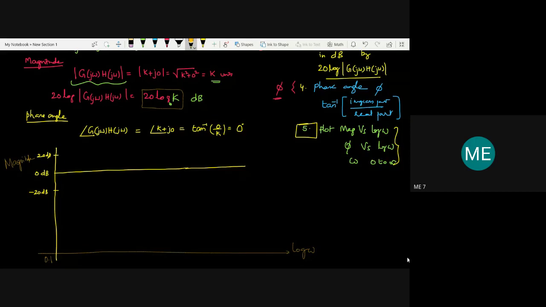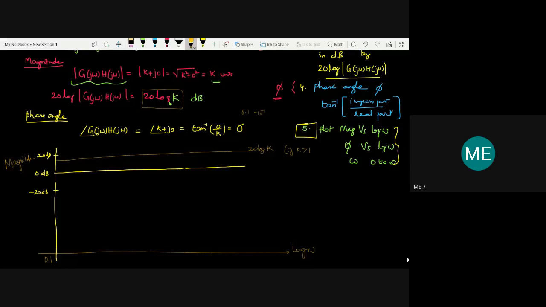If K is greater than 1, it is always positive and we get a value above the 0 dB line. Anywhere on this line, I can represent this as the 20 log K line. If K is less than 1, for example 0.1, it can be written as 10 to the power of minus 1, then it becomes negative, minus 20 dB.